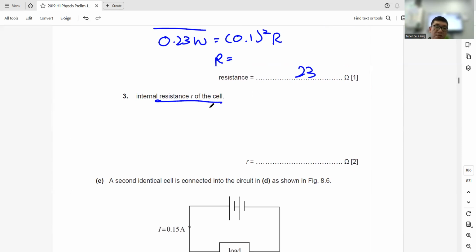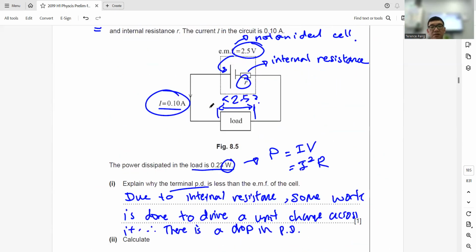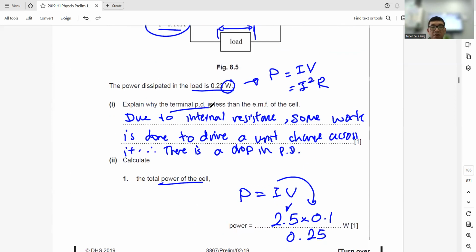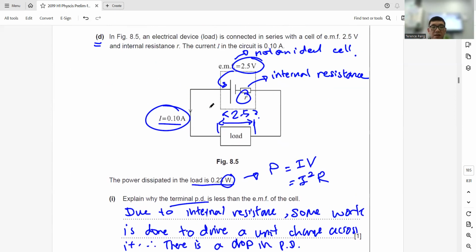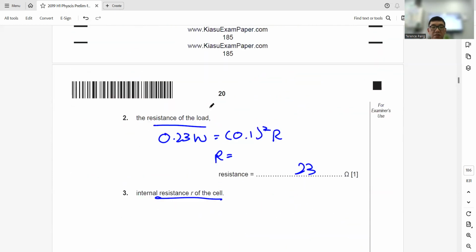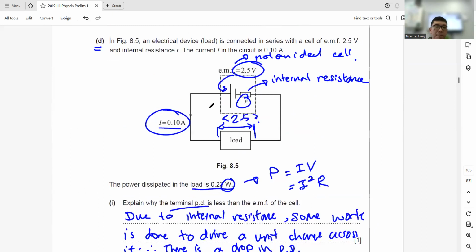Internal resistance r of the cell. Now that you have this, you can find the internal resistance. If you are given 0.23 watts and you are given the current of 0.1 ampere, P equals IV, like I mentioned, you can use it.